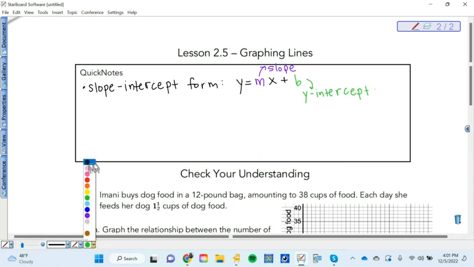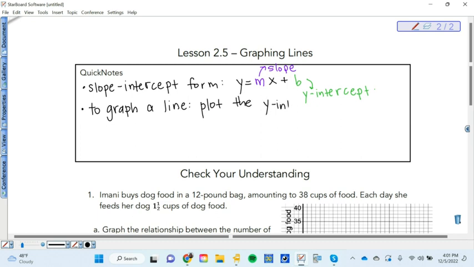So in some problems, you will be given an equation and then be asked to graph that equation. When we're given an equation and we want to graph a line, we want to look at those two values, the y-intercept and the slope. We start by plotting the y-intercept.